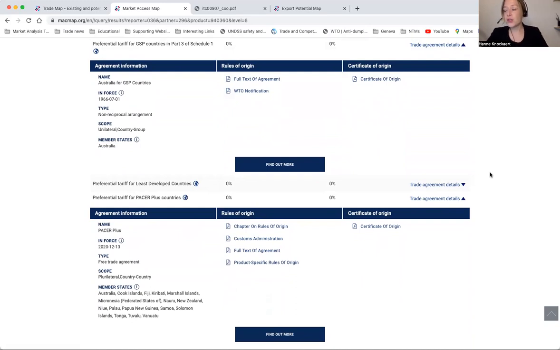So it's important to understand which of these trade agreements in this specific situation is more interesting for your product. I hope I gave an answer to your question, because as I mentioned, we don't have the full list of steps to take, but we do have links to the information, and then you can go from there.